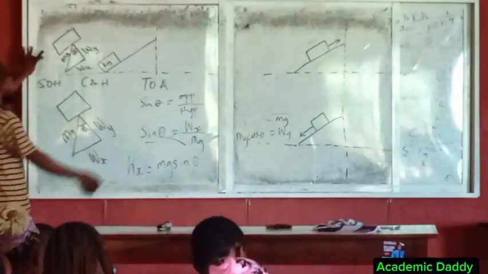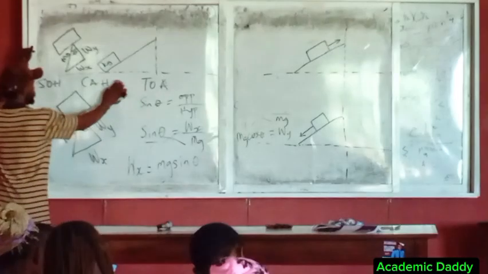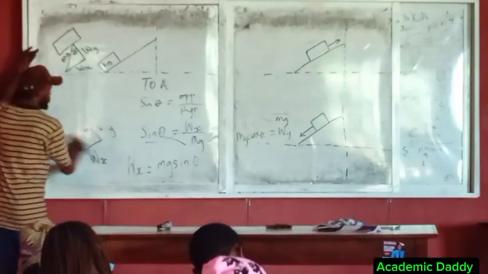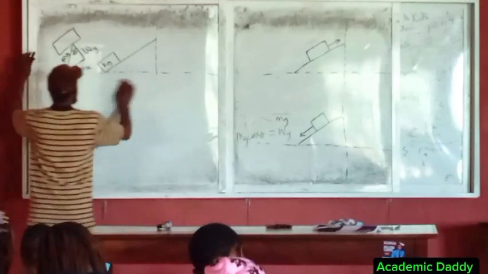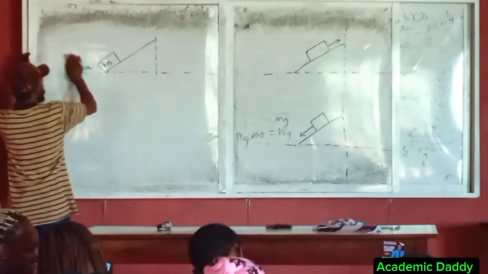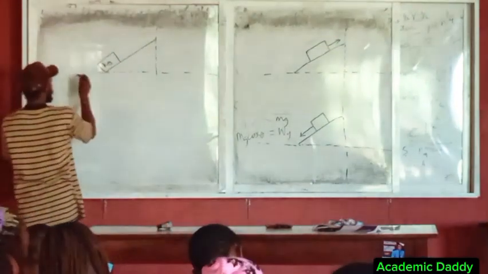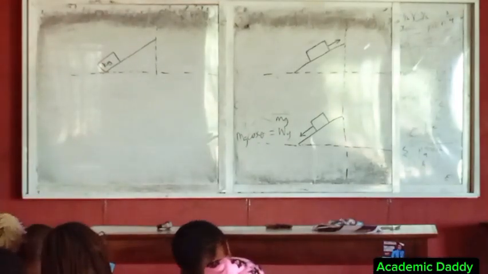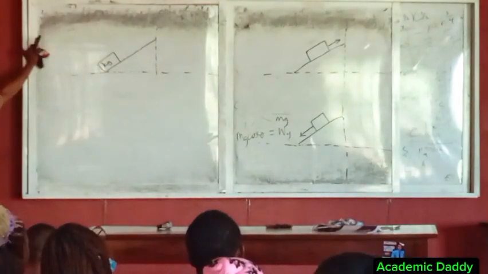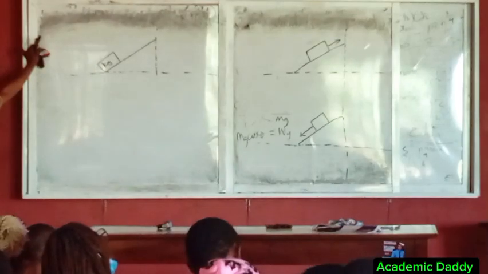Okay. I want to clean this, because we now know what it's all about and what we need from it. So when a body is at rest, what type of friction is acting on that body? Static friction.